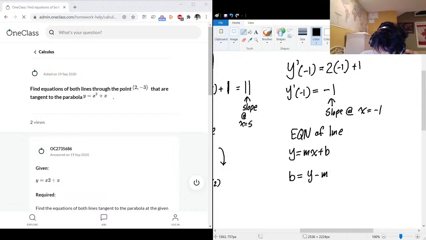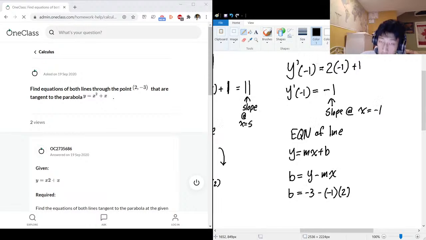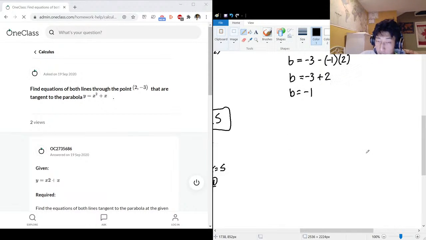Y minus mx, not the other way around, which I previously mistook. Okay, so let's math this out. B is equal to negative 3 minus negative 1 times the x, which was 2, comes from point P. So we got negative 3 plus 2. B is equal to negative 1.